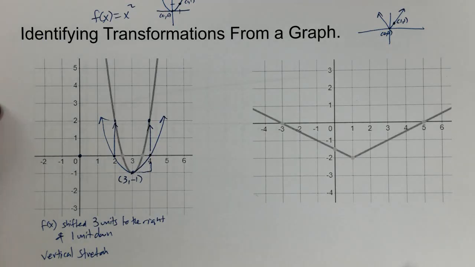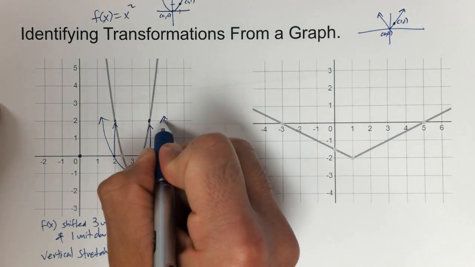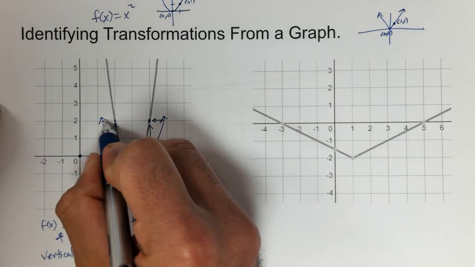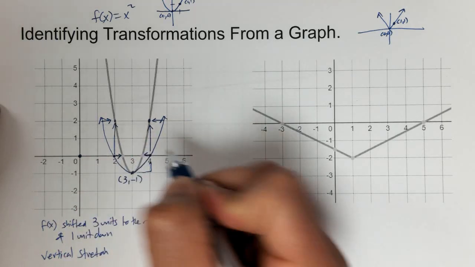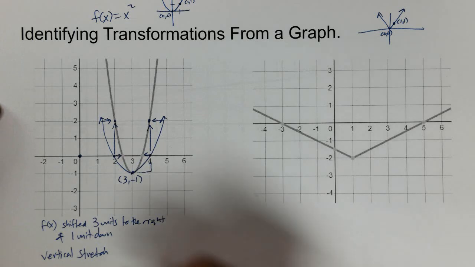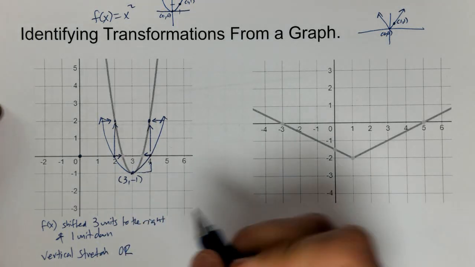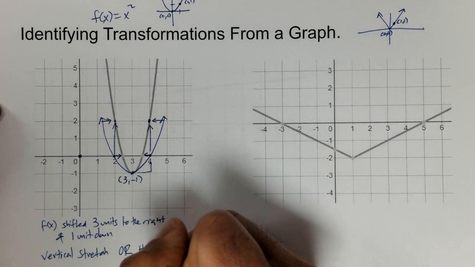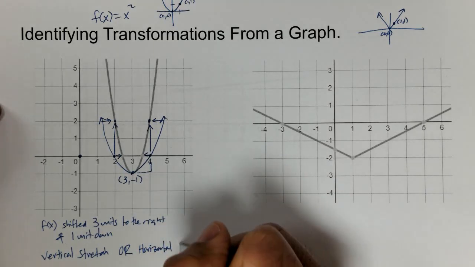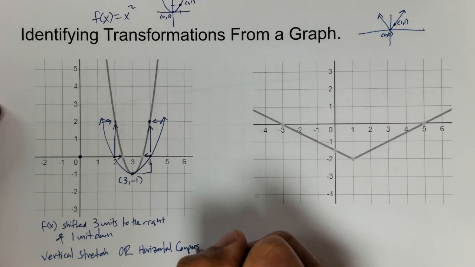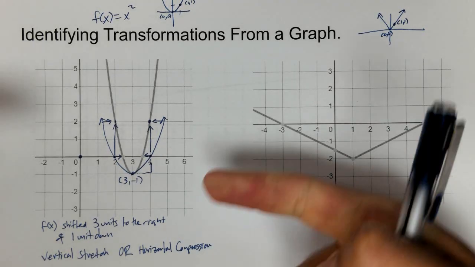The function got narrower. Now, if I'm trying to describe the horizontal changes, notice how horizontally the graph went inward. That point went inside. So horizontally speaking, this is a horizontal compression, because I squeeze the function inward.